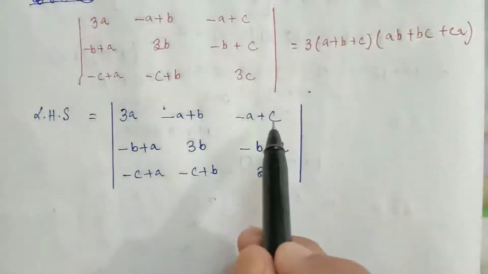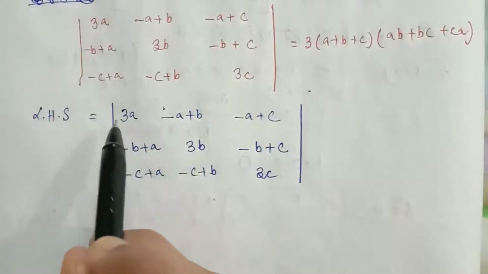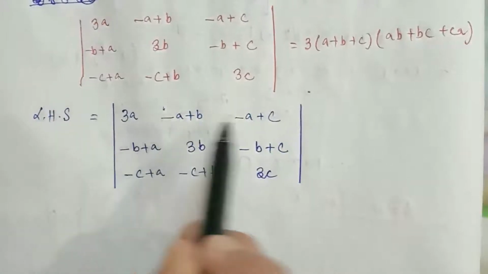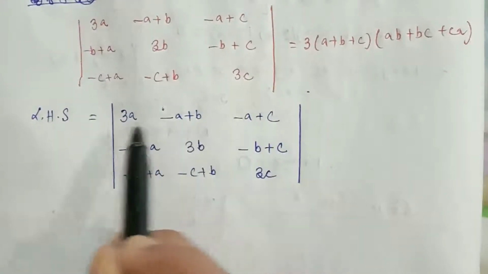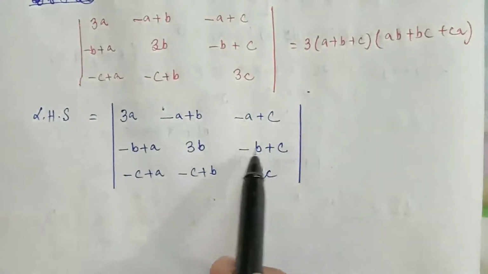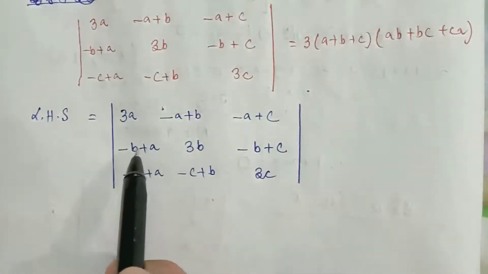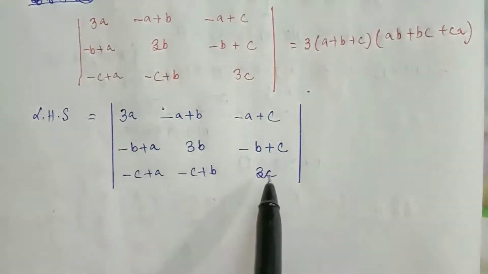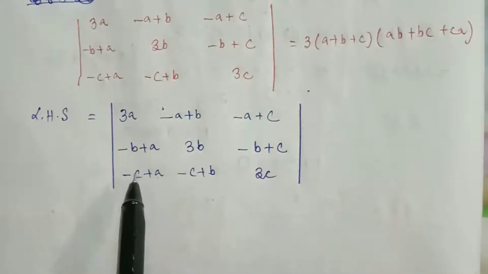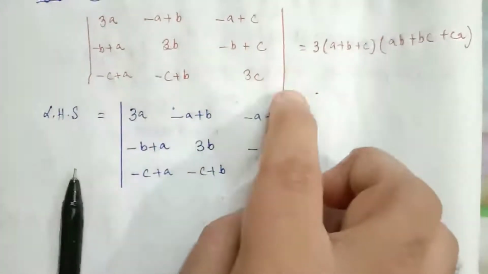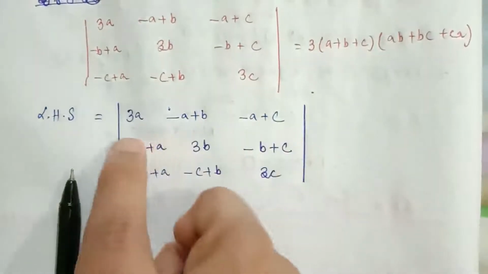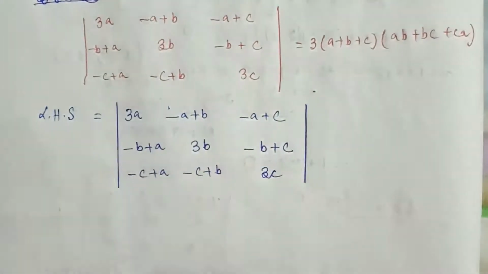Now if we add in this way, we will get a plus b plus c here. If we add this 3, we'll get a plus b plus c here, and if we add this 3, again we'll get a plus b plus c here. So the sum of this 3, sum of this 3 and sum of this 3 in this question are same.